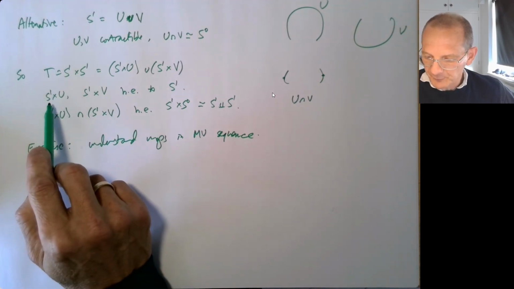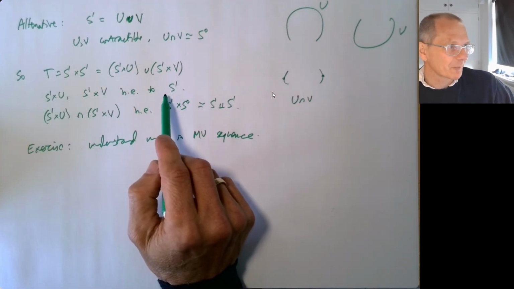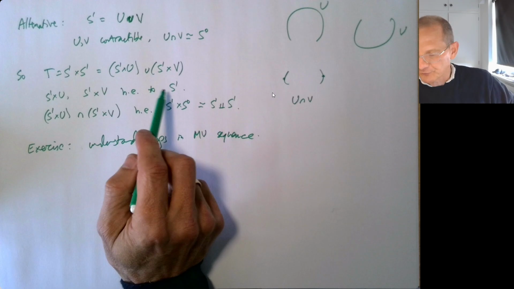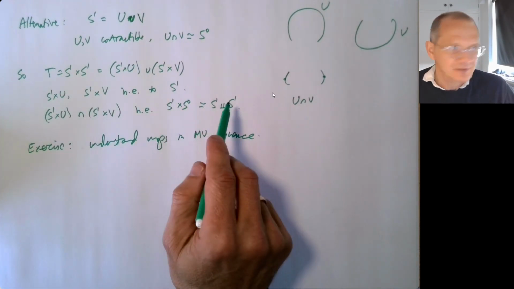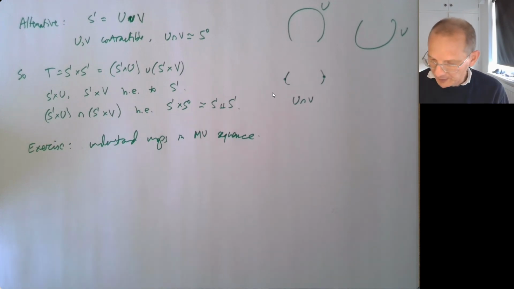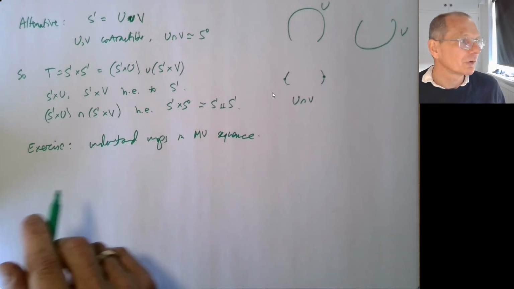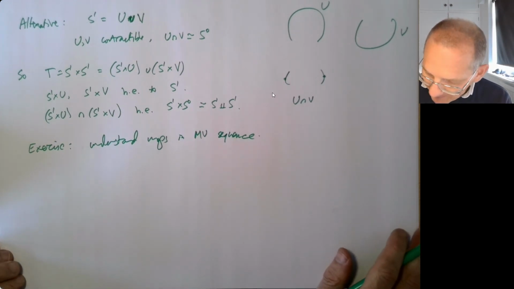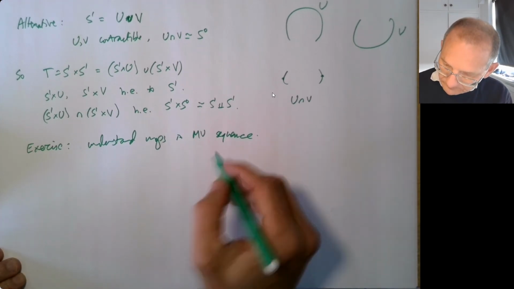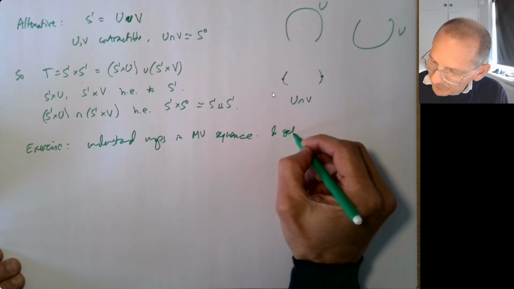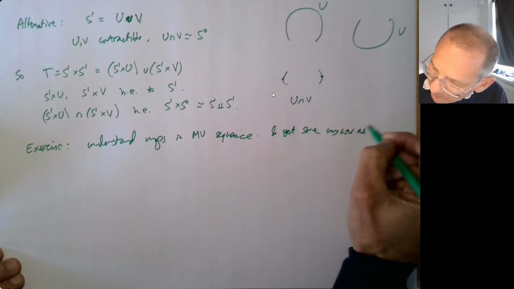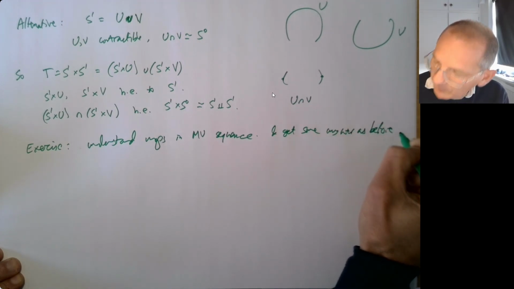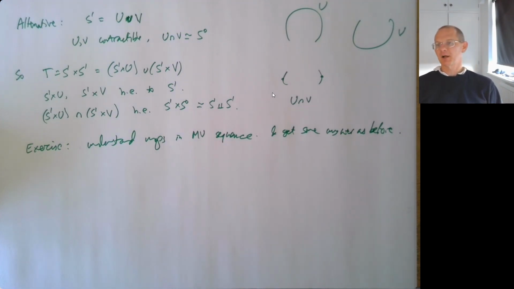The homology of S1 cross U is the same as the homology of S1, which we know. The homology of S1 cross V is the homology of S1 that we know. The homology of this intersection is the homology of two copies of S1, which you also know. So when we know all the groups, it's just a question of working out exactly what the maps are. And we get the same answer as before.